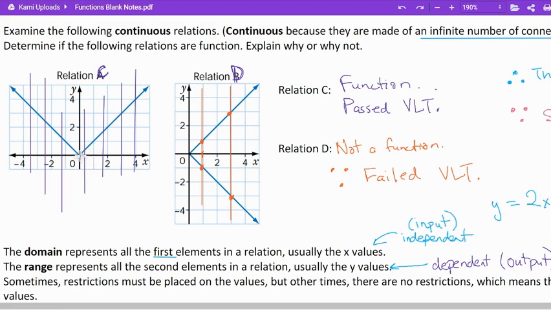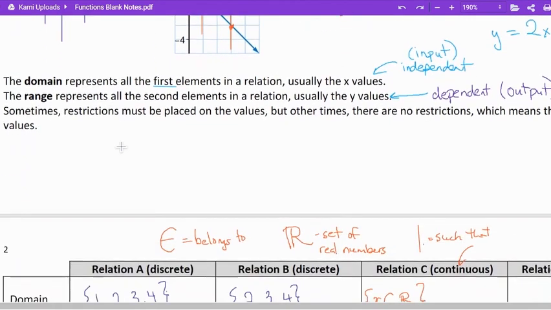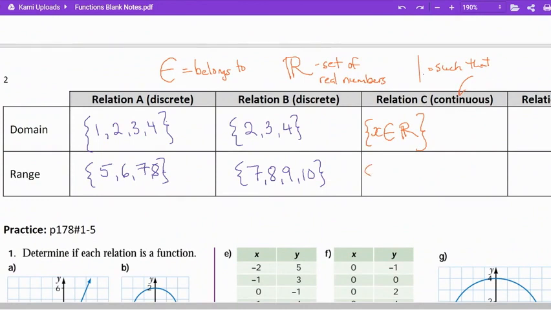So what that means is that this function only exists where y is greater than or equal to 0. So we state, okay, the range is a set of real numbers such that, and now we say y is greater than or equal to 0. Okay, you could have also written 0 less than or equal to y, like that. Doesn't matter, right? As long as you get the notation correctly.